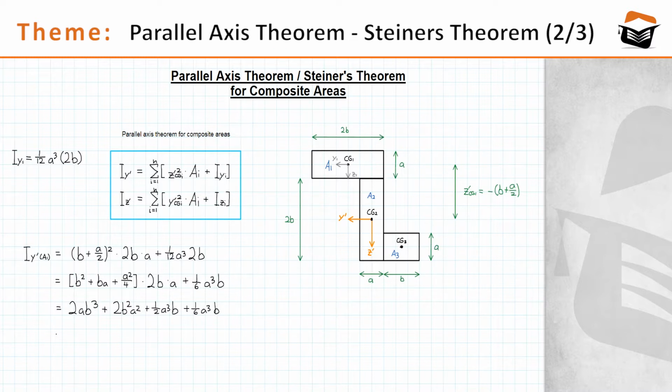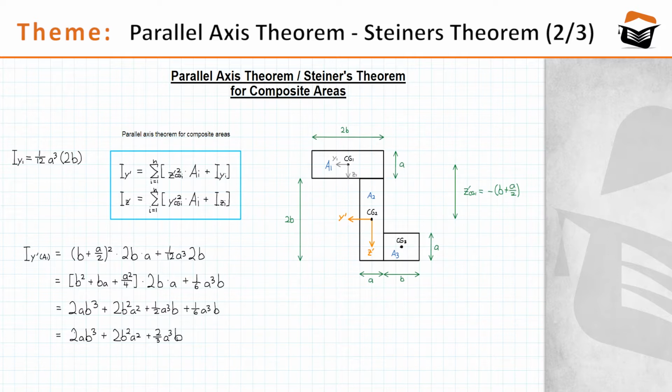And that expression can be simplified into 2a times b to the third power plus 2b squared a squared plus 2/3 times a to the third power times b.